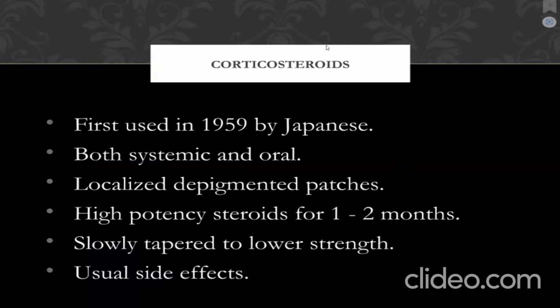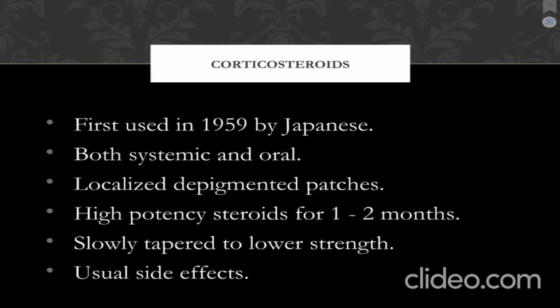It can be both systemic and oral. It is used for localized depigmented patches. High potency steroids for 1 to 2 months, and these are slowly tapered to lower strength. And it has the usual side effects.